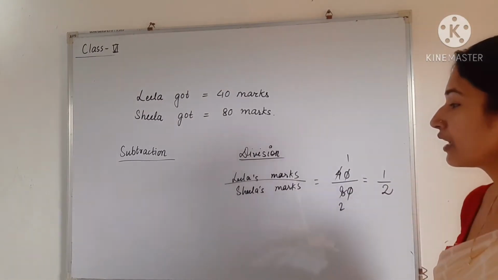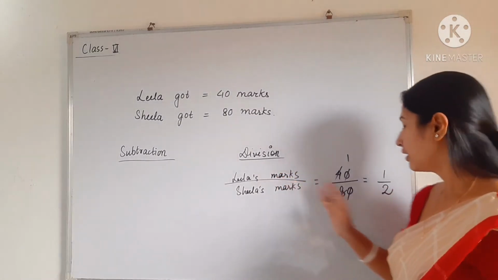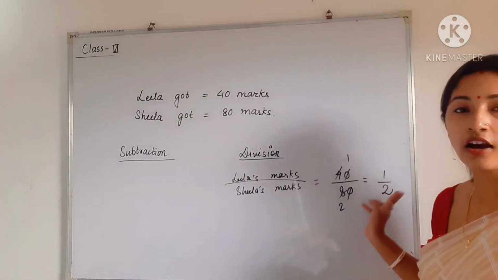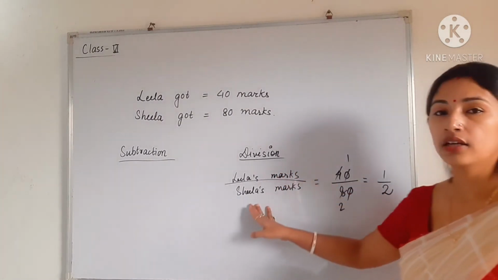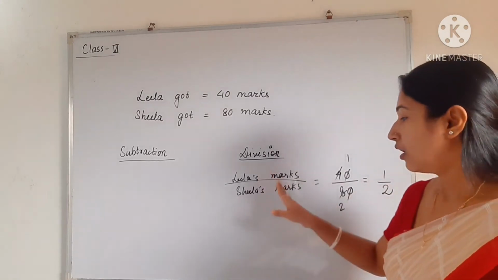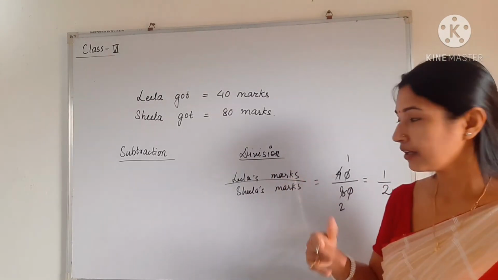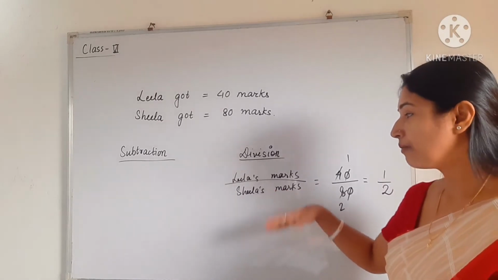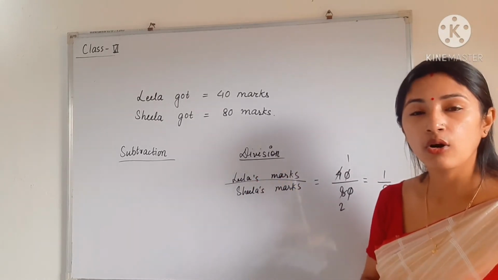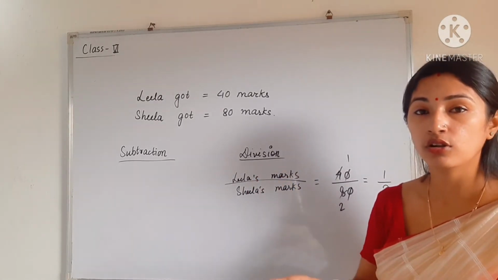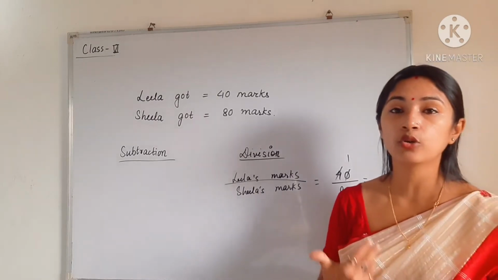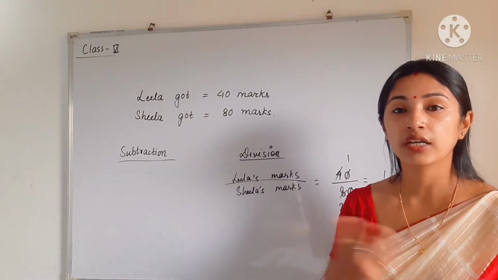So by that way we can say that Leela got half of the marks of Sheila. That means we can also say that Sheila got double the marks of Leela, or twice that of Leela. We can write twice, or we can write two times. Already we have studied this in the last chapter.